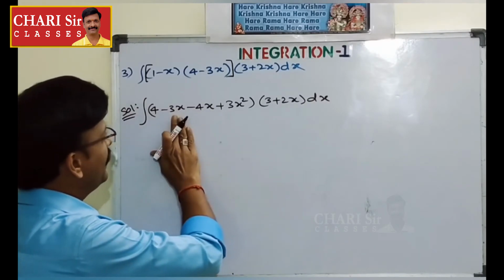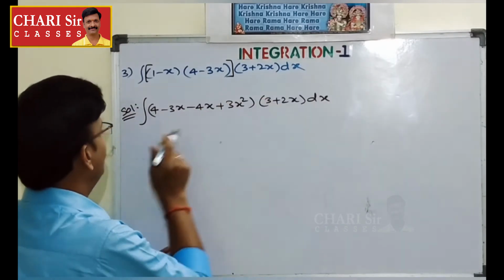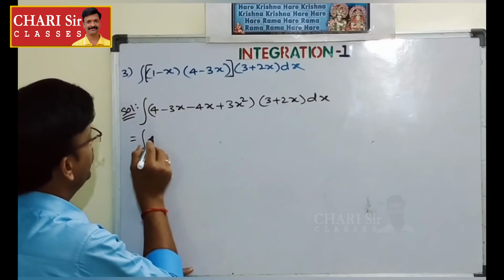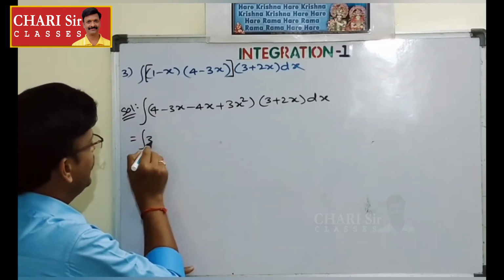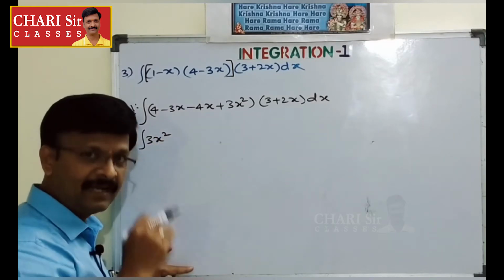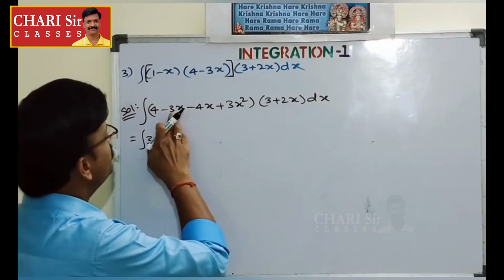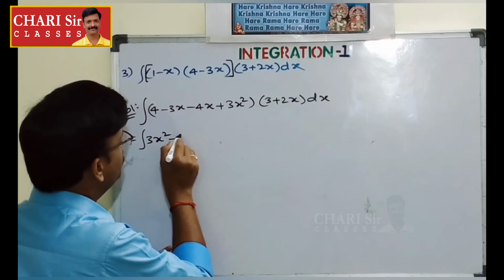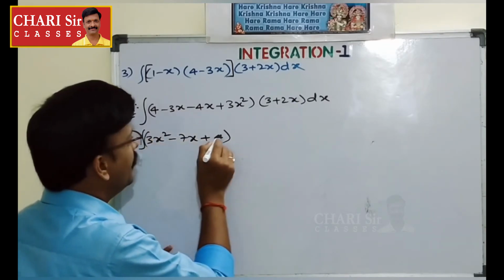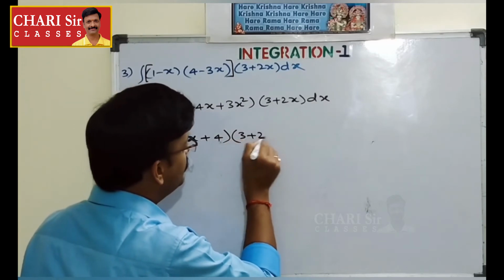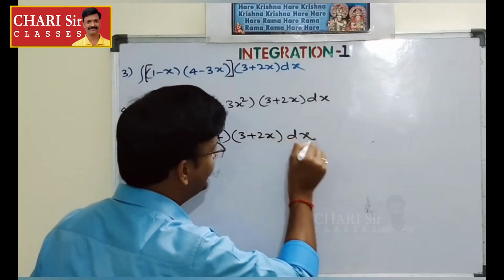Now let's simplify a little bit, and after that we multiply with this. What is the second step? Integration of: write down the highest power term first, that is 3x square. In order I am writing, descending order of the powers. That is minus 3x minus 4x, that is minus 7x and plus 4, into (3 plus 2x) whole dx.